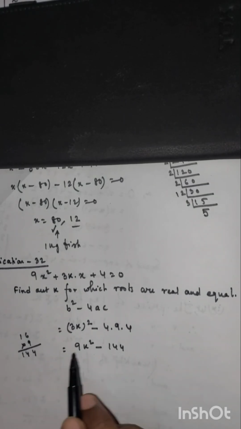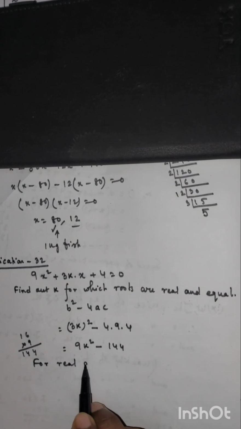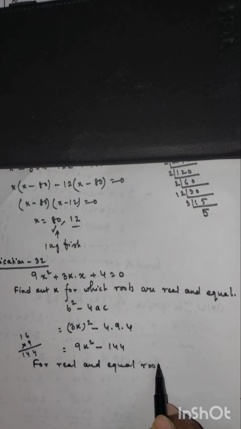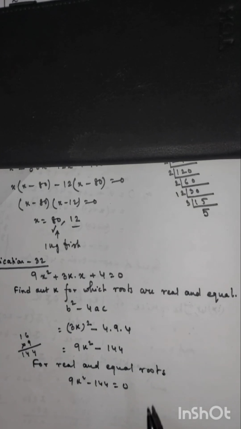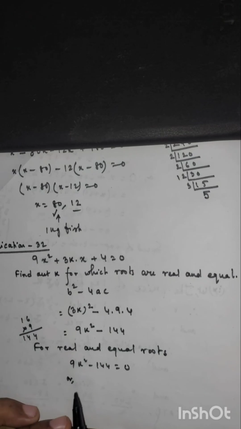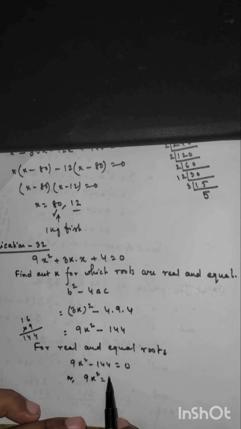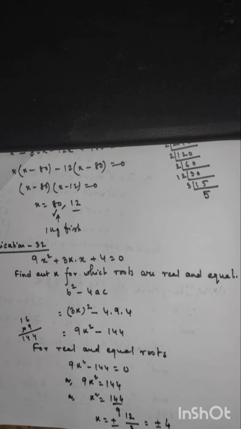So for equal roots, the discriminant part 9k square minus 144 should be equal to 0, so the values of k are plus and minus 4.